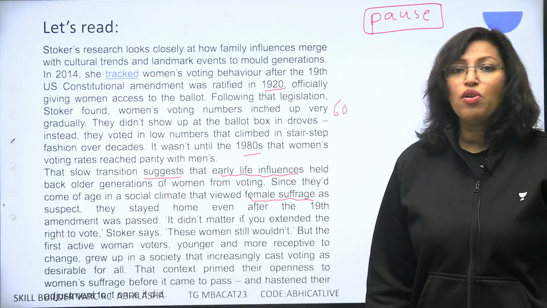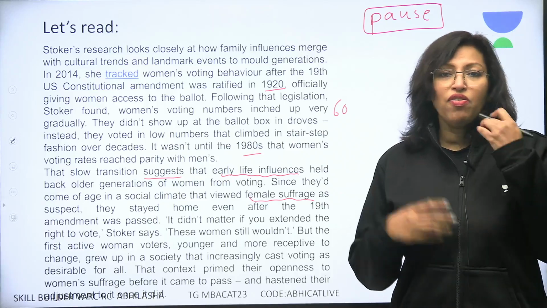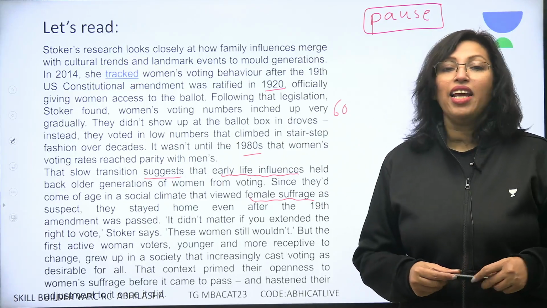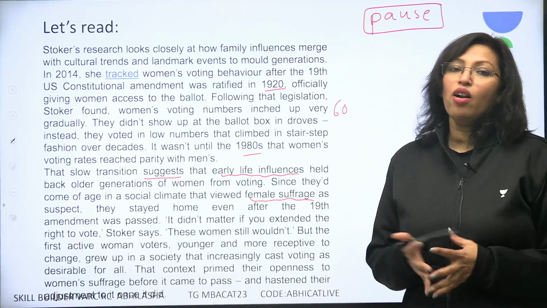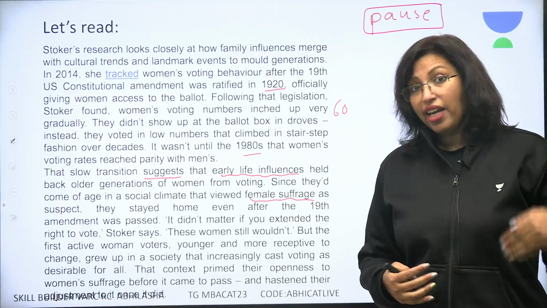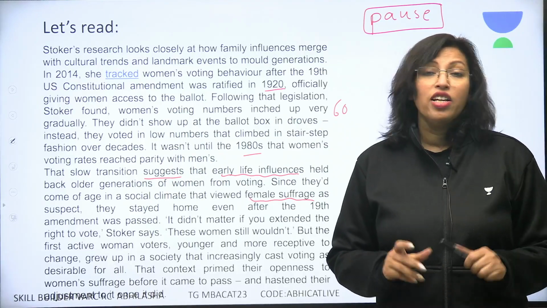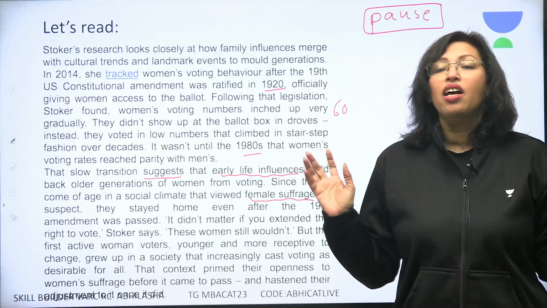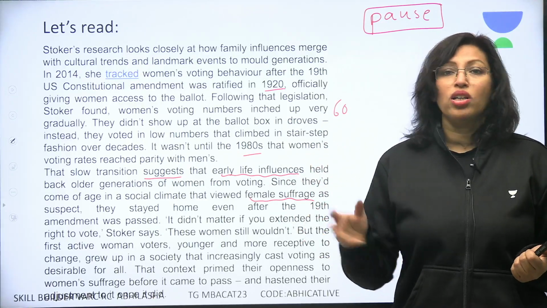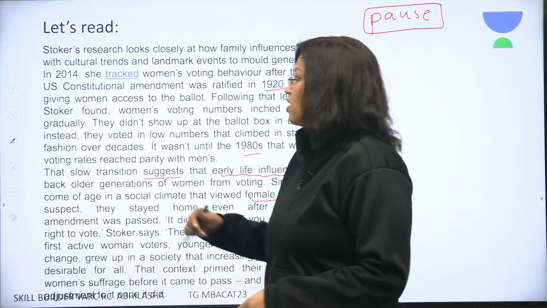So once women's liberation happened properly, they were very willing to adjust and accept it as their right and their due. So it was the younger lot who were very willing. The elder ones did not really want to do it because their society told them not to vote. Their social upbringing, their life, their family had told them to stay away from voting. Okay, I hope you've understood this.